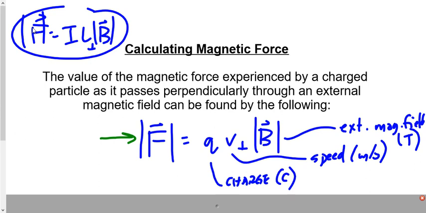It's just a lot easier when you've got the wire to use the one equation ILB. But understand, it's really the same thing. If you've got 50 electrons, QVB times 50 would give you the same value as ILB. Right? Finish copying that out, and we'll leave it there, and do an example with that tomorrow.